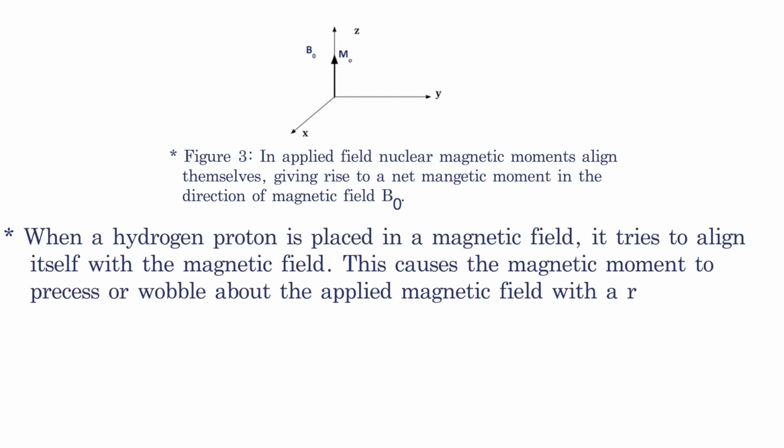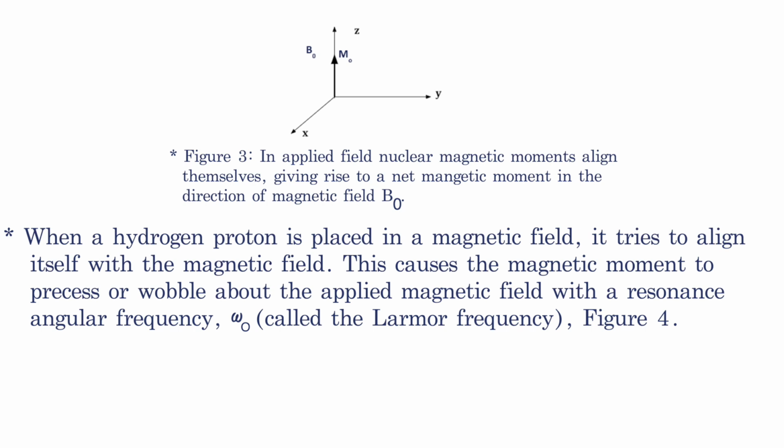When a hydrogen proton is placed in a magnetic field, it tries to align itself with the magnetic field. This causes the magnetic moment to precess or wobble about the applied magnetic field with a resonant angular frequency omega naught, called the Larmor frequency. Omega naught is equal to gamma B naught, where gamma is the magnetogyric ratio.